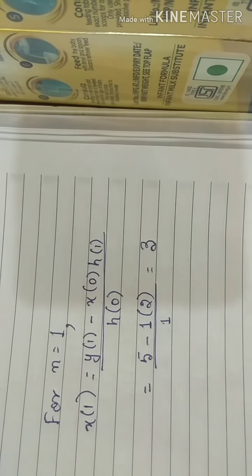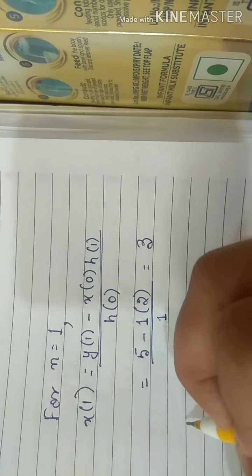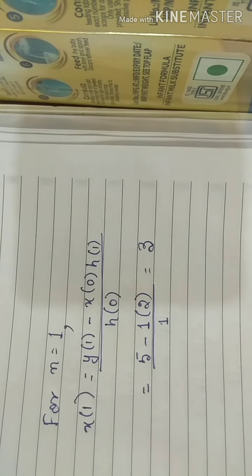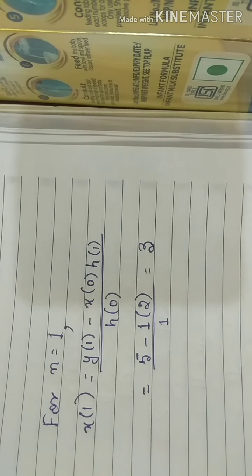In a similar fashion, we have to calculate the values of x[2], x[3], x[4], because we have already determined that the total number of samples in the input sequence will be 5.